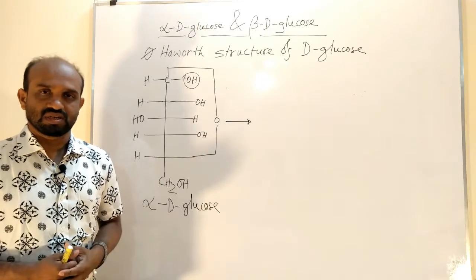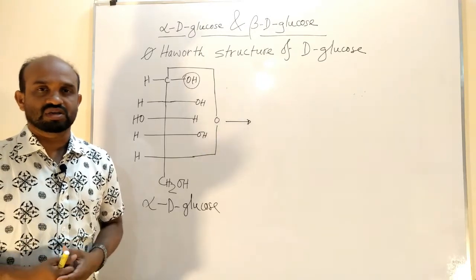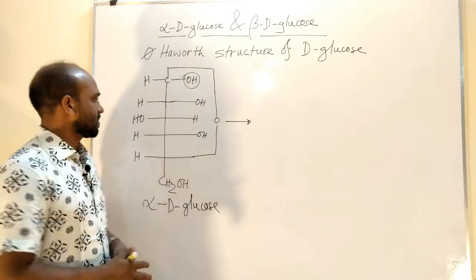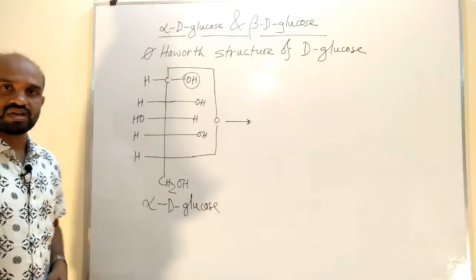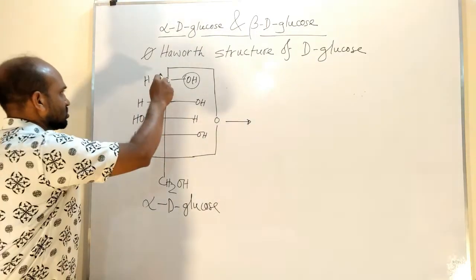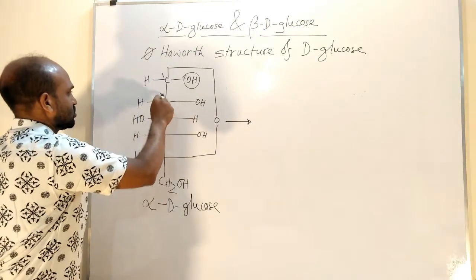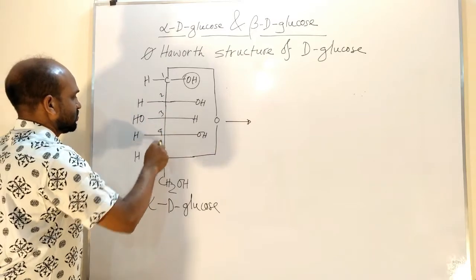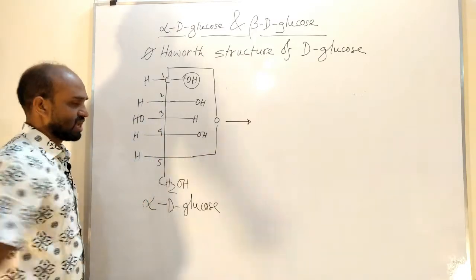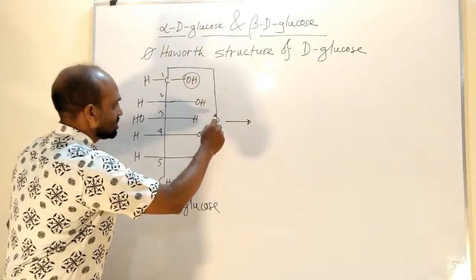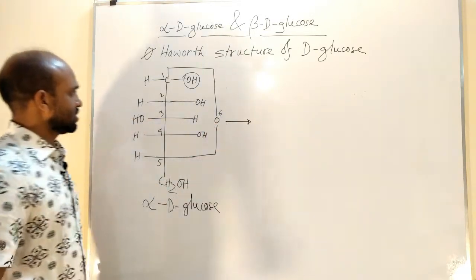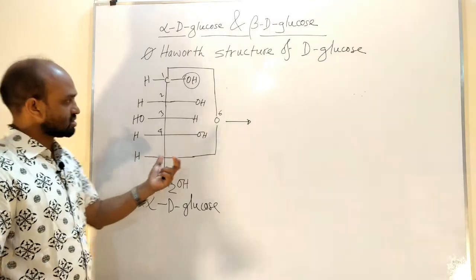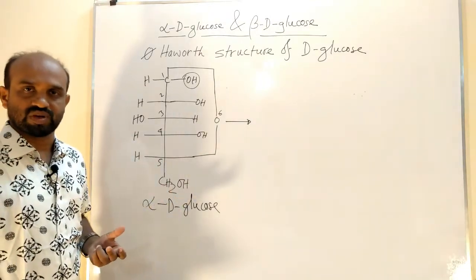Let's see the hexagonal ring structure of alpha D glucose. In this structure there are 6 members. Those are 1, 2, 3, 4, 5, and another member is here, oxygen, that is the sixth member. So in this structure there are 6 members.